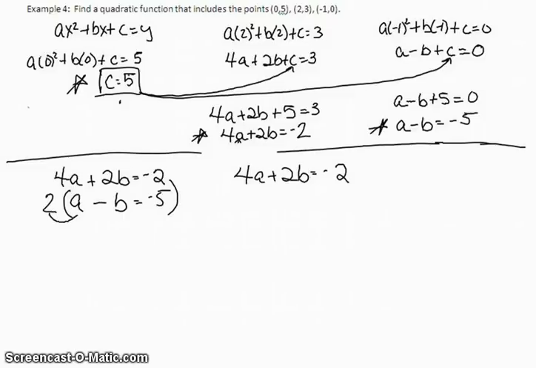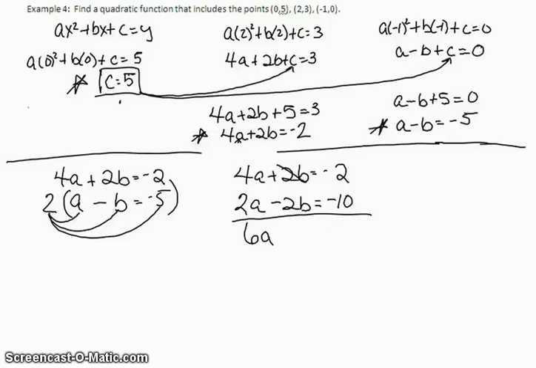Using the distributive property to distribute that positive 2 through the second equation, I have 2a minus 2b equals negative 10. Adding my equations together, 4 plus 2, I'm left with 6a. Positive 2b minus 2b eliminate each other, so that equals negative 12.